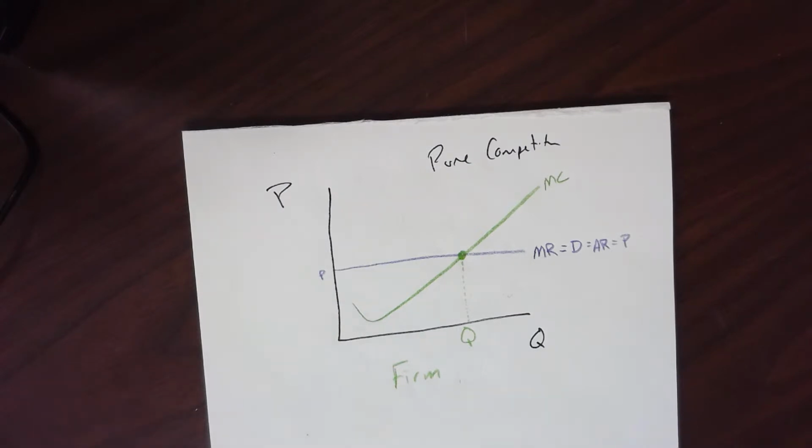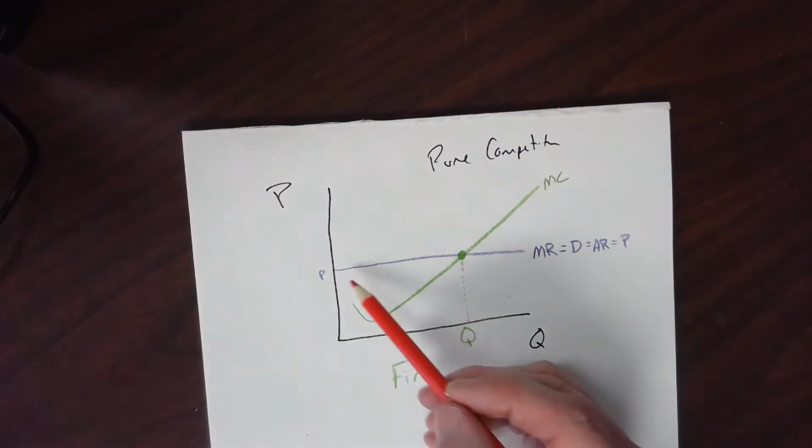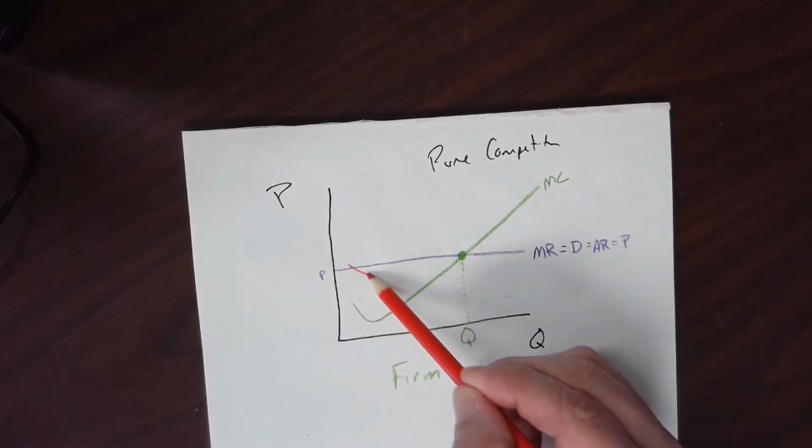Okay, but now the important part is, are we making profit? Are we not making profit? Or what do we need to do in order to at least break even? All right, so this is your standard pure competition. You have to add 2 other curves.